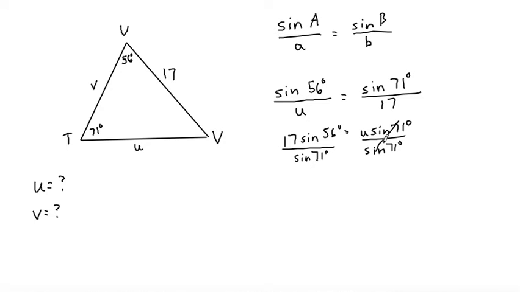So this cancels out and we get u is equal to 17 times sine of 56 degrees divided by sine of 71 degrees. So let's make sure that our calculator is in degrees and plug all this in.